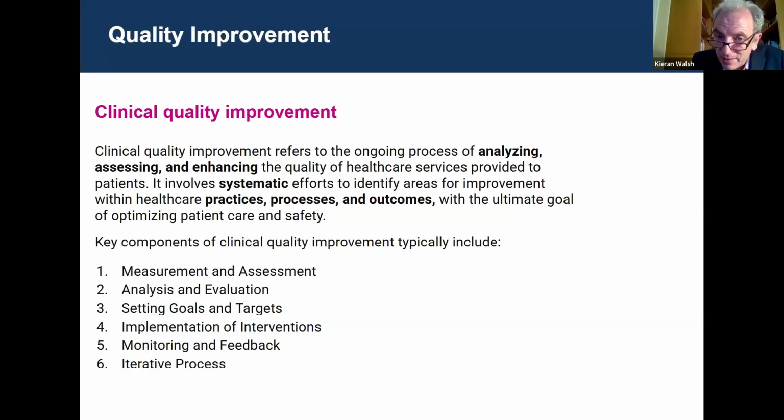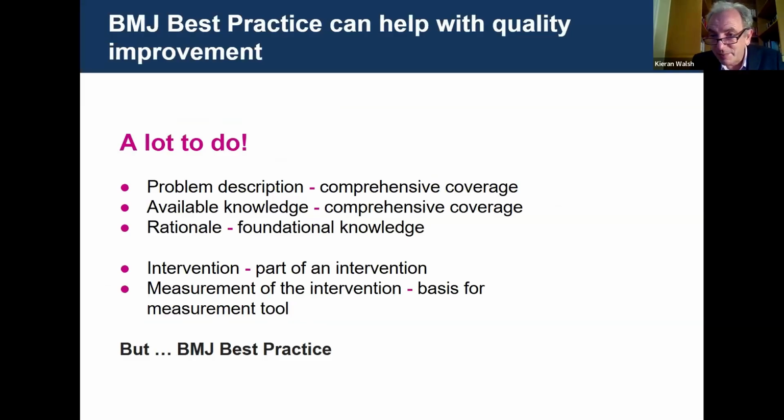And typically, quality improvement means all these things from 1 to 6: measurement and assessment, analysis, setting goals, monitoring feedback, etc., etc. It should be an iterative process. And one of the downsides of quality improvement is that there's a lot to do.